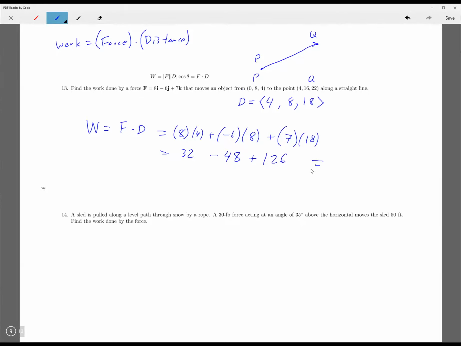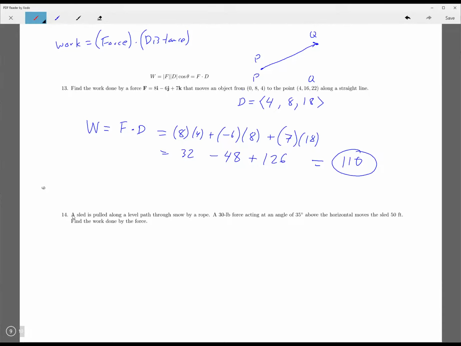Okay, so if you add those together, 110. Okay, let's see if that works. So that's 110 joules. Okay, that works. In these problems, you always have to worry about the units, but I guess no units came up. Oh yes, it says the distance is measured in meters and the force is in newtons. So meters and newtons is consistent with joules.